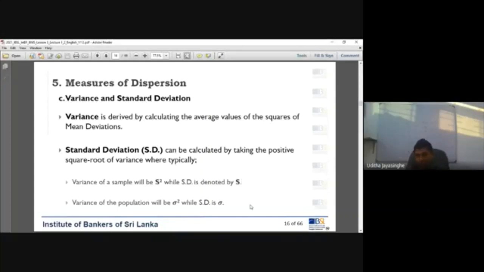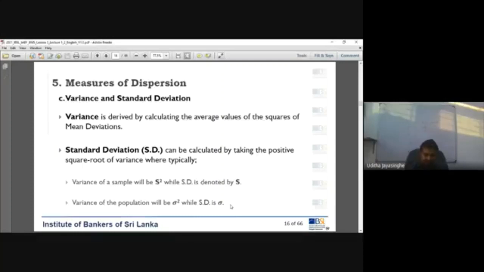Now, the sample is for the smaller data set, but the population, don't forget, is the complete data set. This is the symbol, we call it rho square, and rho for the standard deviation when it comes to the population. But bear in mind, in a lot of instances, in examination questions and most places, we will discuss this S for the sample.